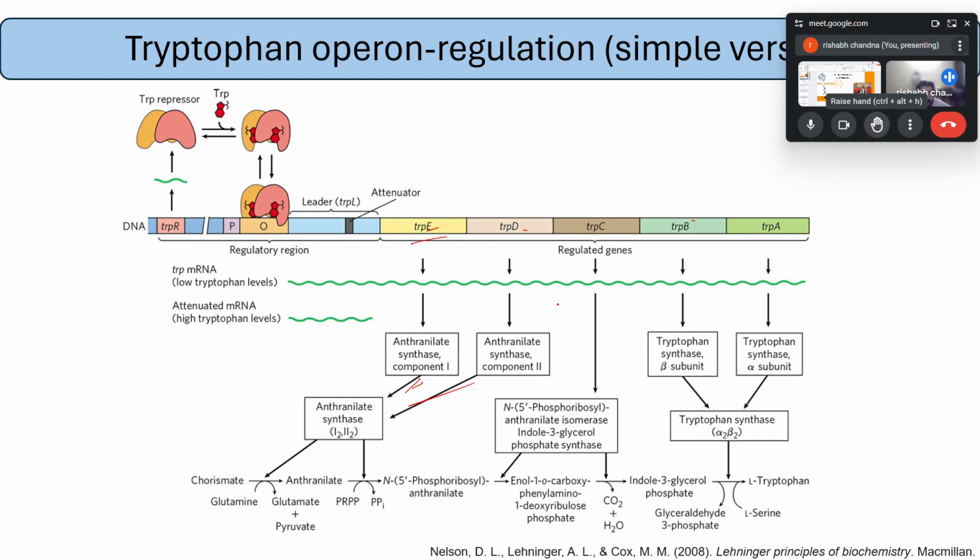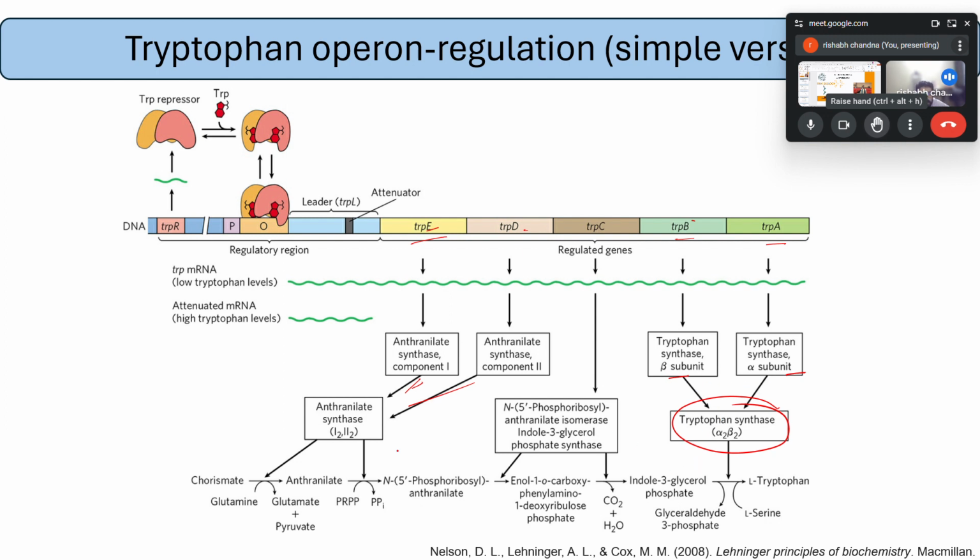Then TRPC leads to the expression of N-(5'-phosphoribosyl) anthranilate isomerase indole-3-glycerol phosphate synthase. And TRPB and TRPA form the tryptophan synthase beta subunit and alpha subunit respectively. This also forms the same enzyme but with different subunits.